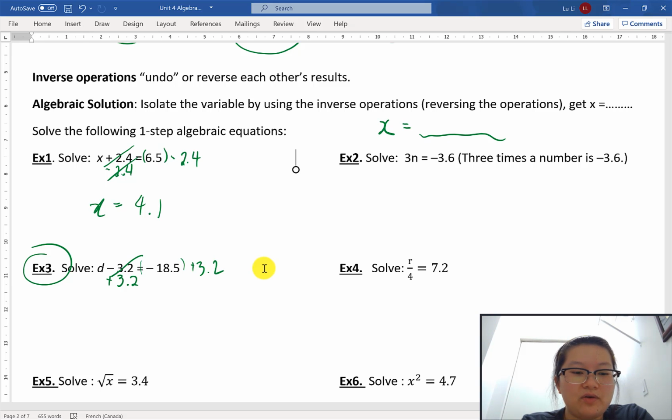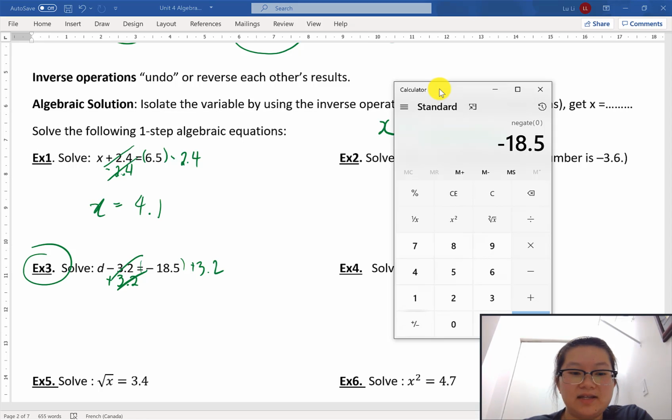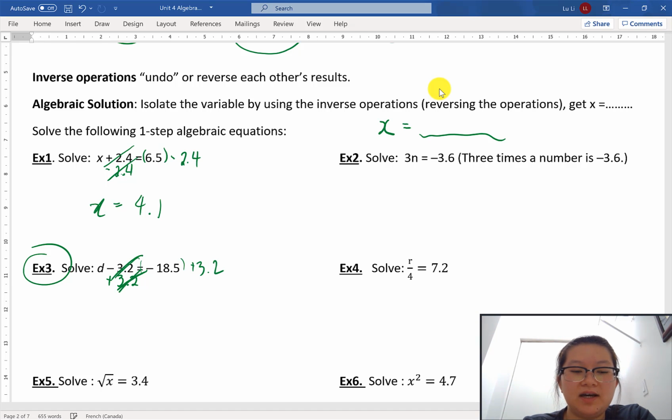Putting it in my calculator, negative 18.5 plus 3.2 is negative 15.3. Since the 3.2s are gone on this side of the equation, I get d is equal to negative 15.3.